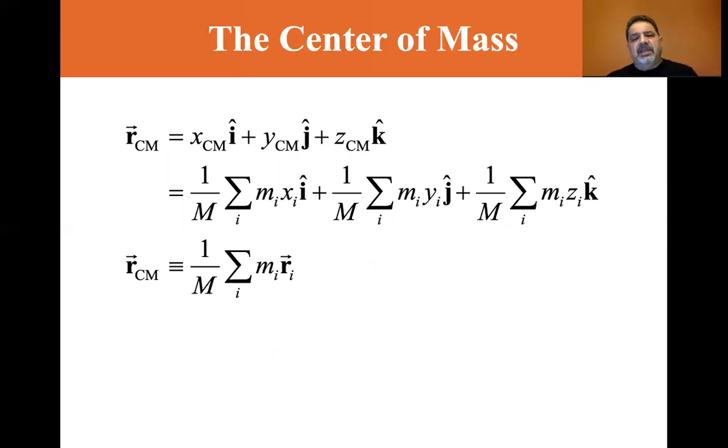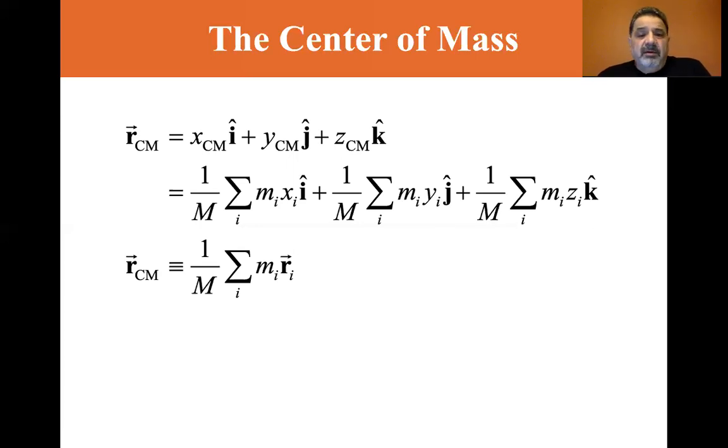And we can see that there's 1 over M in all of those. 1 over M times the sum of mi xi i hat plus 1 over M times the sum of mi yi j hat plus 1 over the total mass times the sum of mi zi k hat.